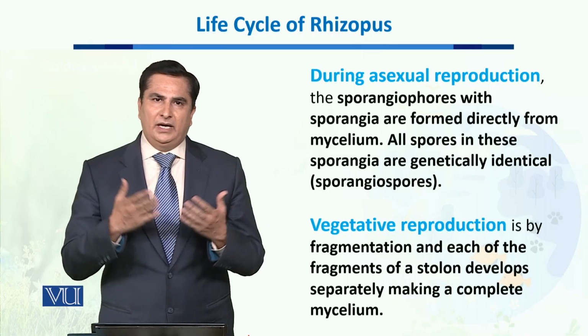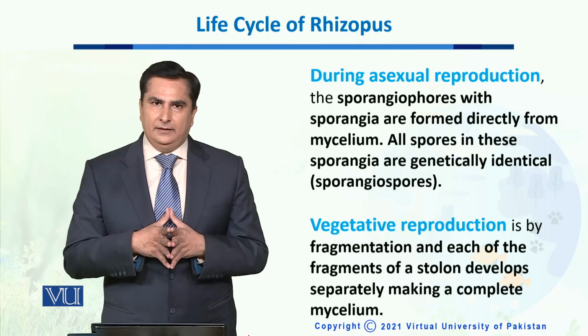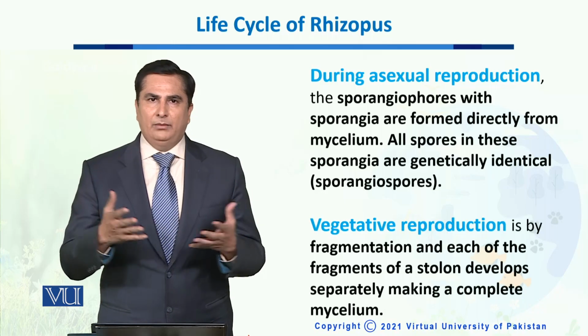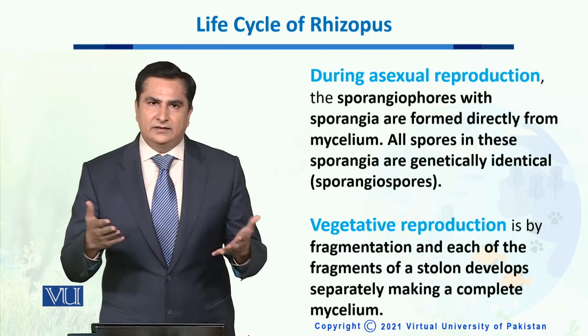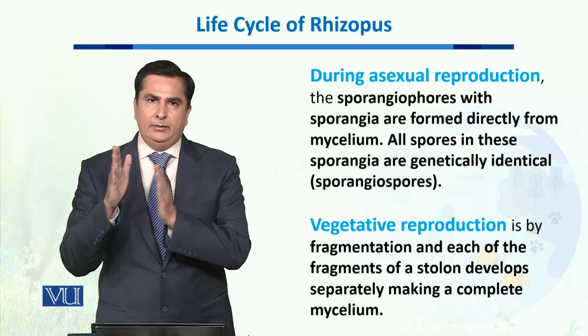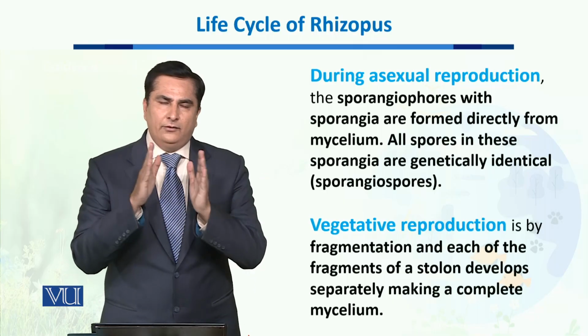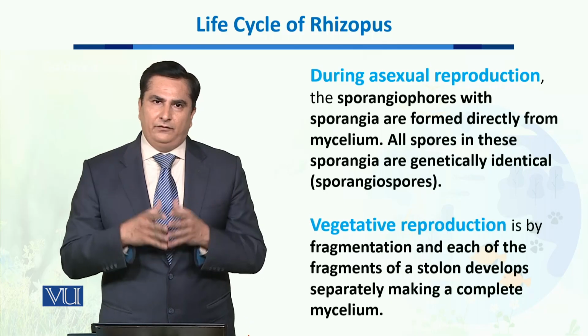They also multiply through vegetative reproduction, in which a mycelium or a hypha can break at a point, and it results in the formation of two different hyphae, which can independently grow to form a complete structure of a fungus.